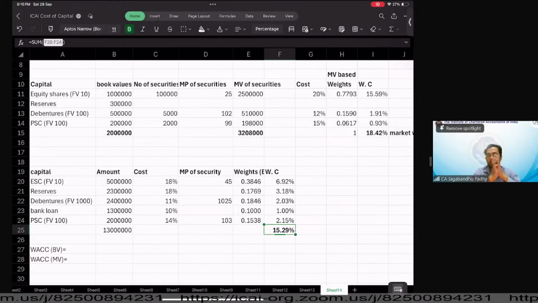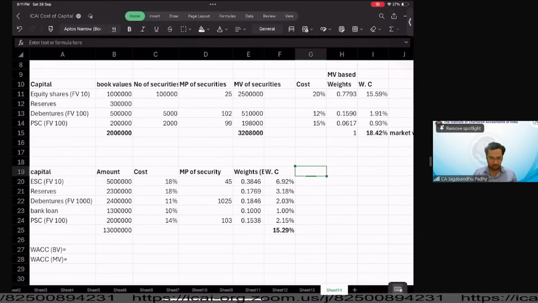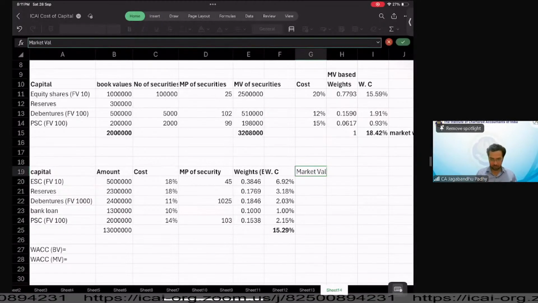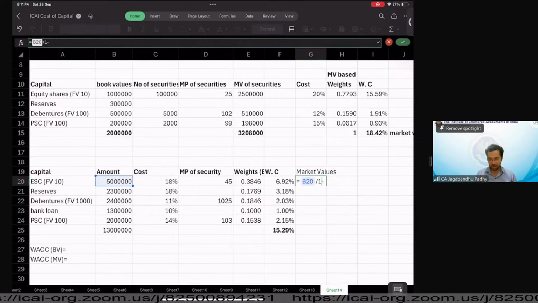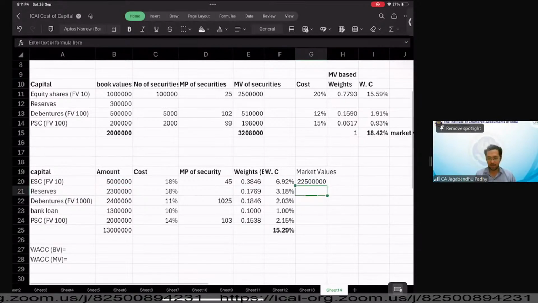We need to compute the market value weights. For that, we need to compute the market values. Market value of equity share, guys. What's the market value of equity share? Of course, it's 50 lakh, but that needs to be divided by 10 to get the number of shares, and then you multiply it with the market price.